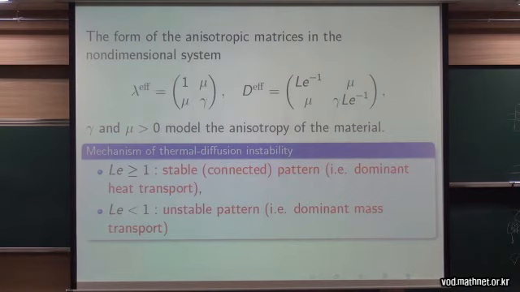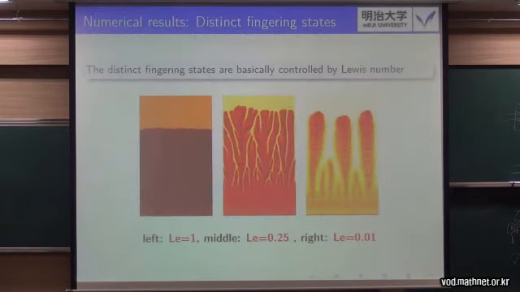So the mechanism we are trying to use is the following, where when the Lewis number is high, then the patterns are connected, and when it is low, then we have unstable patterns. So we try to mimic the experiment. We obtain the following distinct states for the connected front, the tip splitting and the sparse fingers.